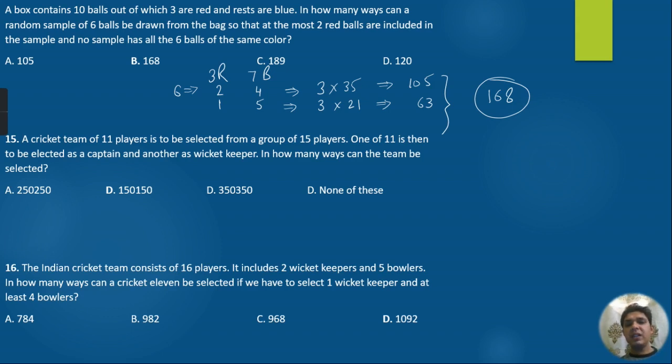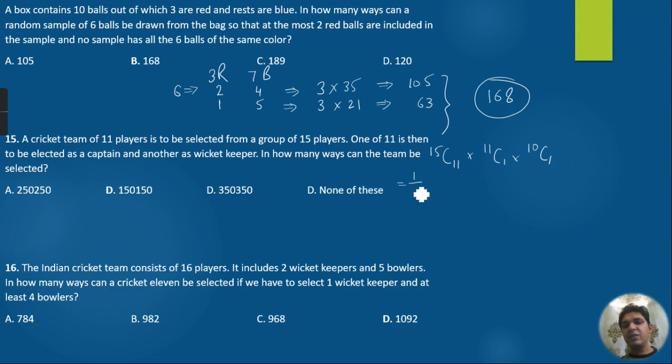So first of all, select 11 players from these 15 players. Then from these 11 players, select one captain, so we will be selecting 11C1, and the other as wicket keeper, that means 10C1, right? So the value of 15C11 will be equal to 15C4.